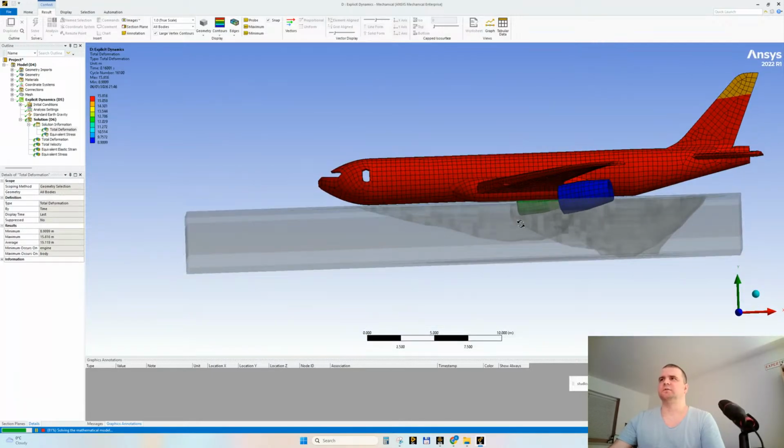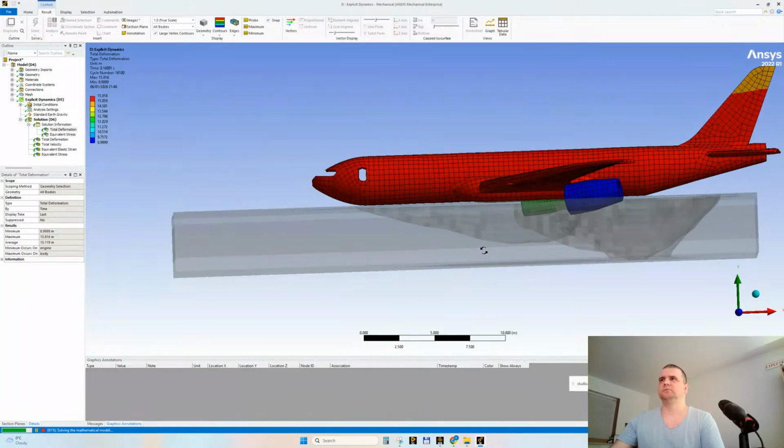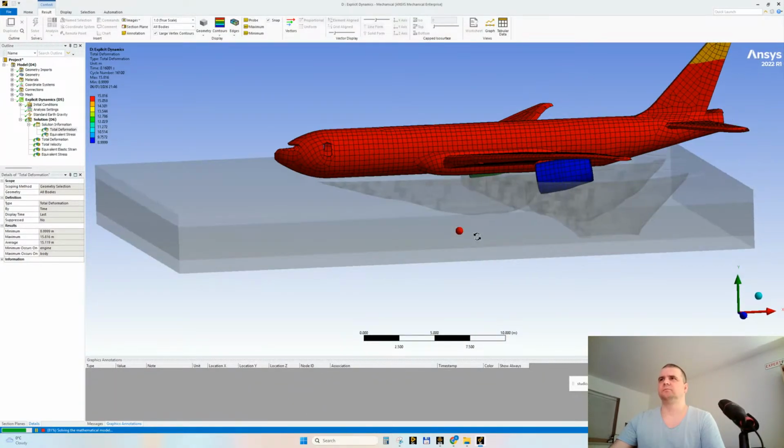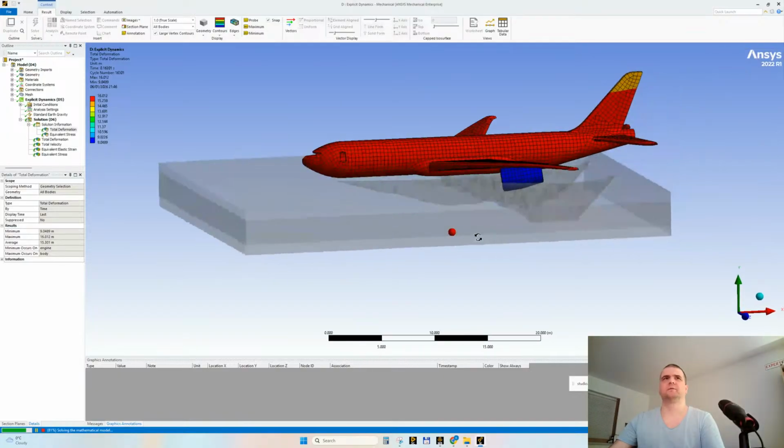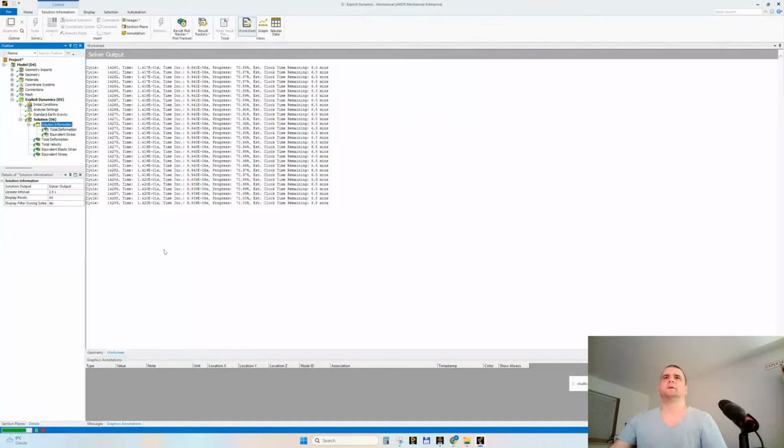What should I do to have more realism? Let's save it. Then we will modify it a little.